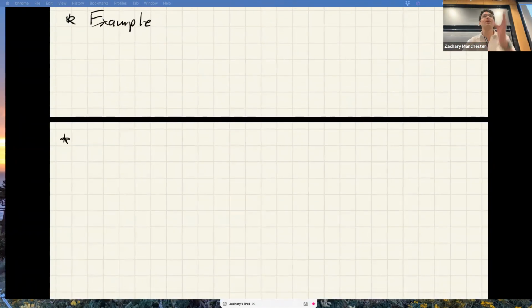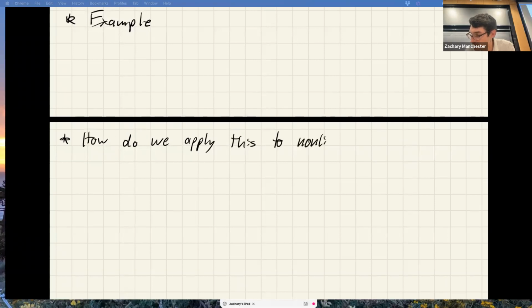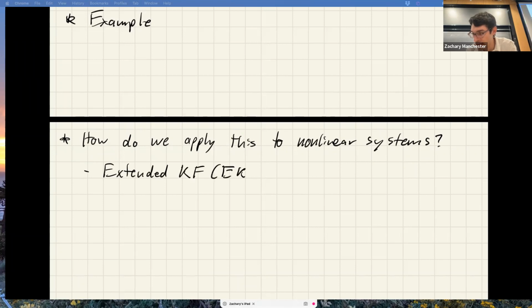So first off, addressing the question that came up. How do we do this on nonlinear systems? So the first and most basic thing to try is the extended Kalman filter, which is literally the same idea as applying LQR to a nonlinear system, right?